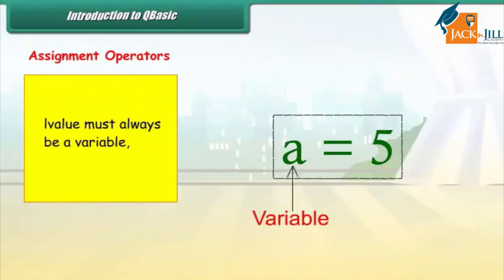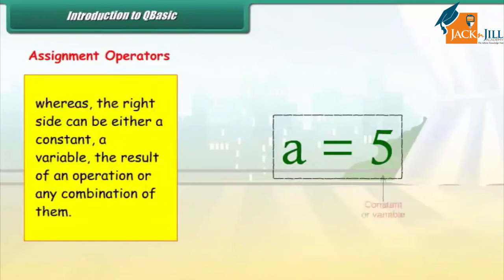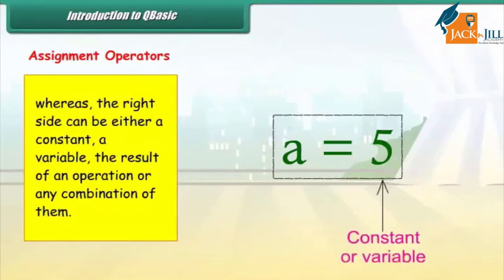The L value must always be a variable, whereas the right side can either be a constant, a variable, the result of an operation, or any combination of them.